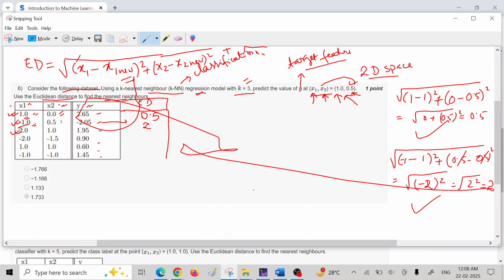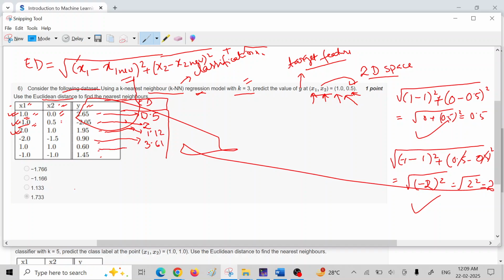The final calculated value I am putting here for the third data point is 1.12. Then for the fourth data point, the Euclidean distance value is 3.61.